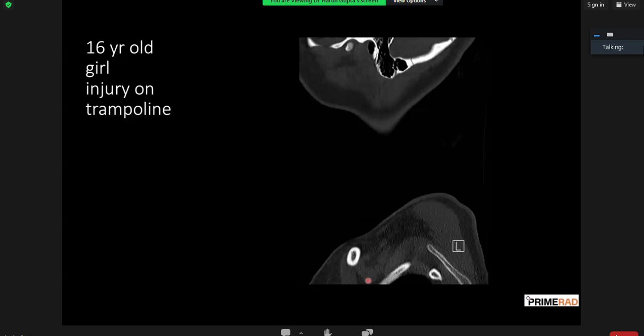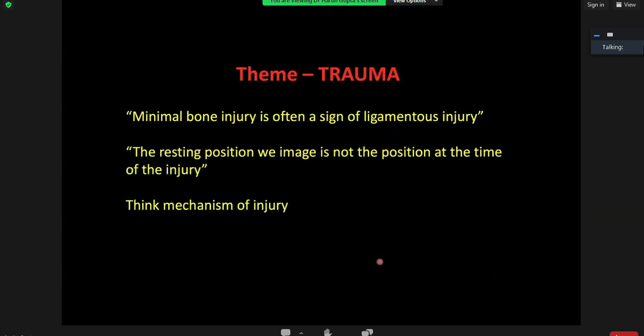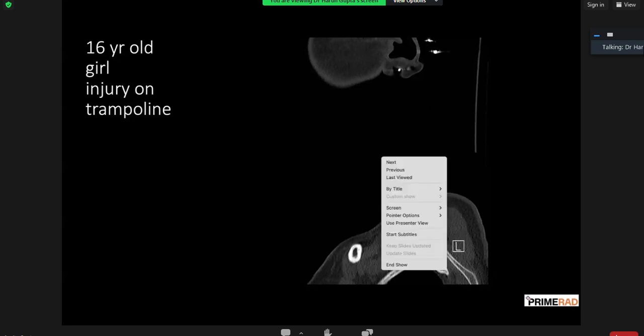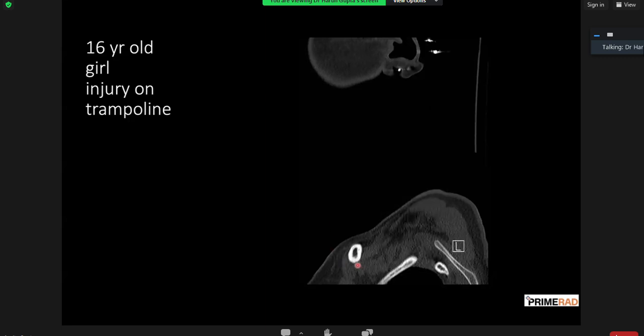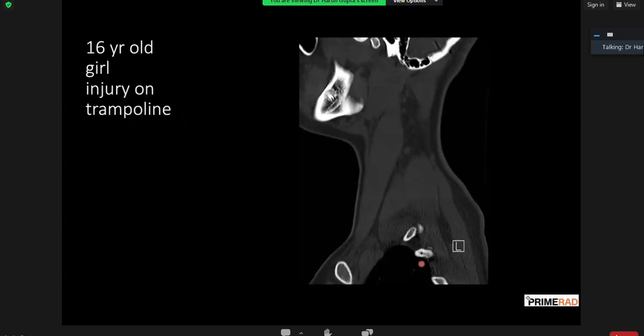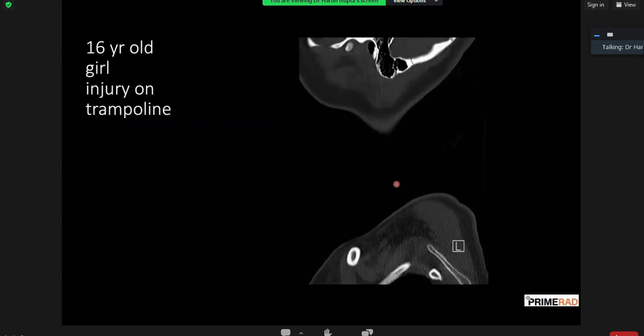I'm trying to scroll through the CT. Hold on. It's not letting me. I think it's going too quickly.